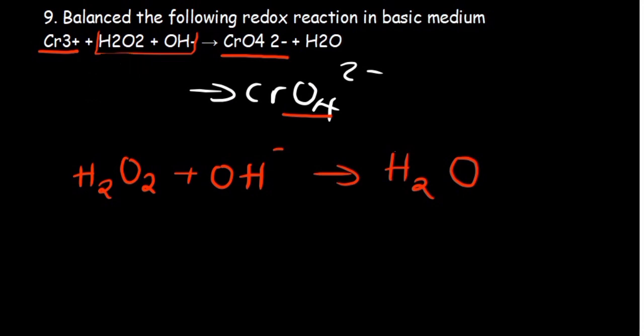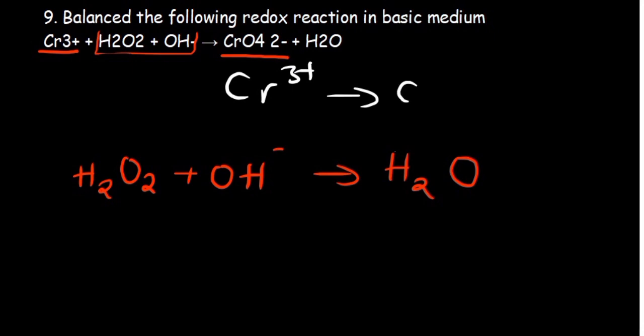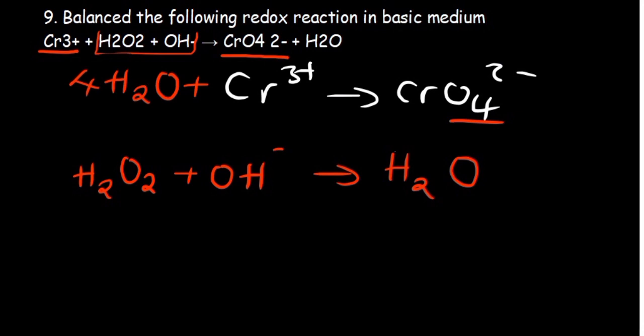Let me write it in between. So we have chromium 3+ giving us CrO4 2-. We have 4 oxygen atoms on the right hand side, so we are supposed to add 4 water molecules. So we've balanced the oxygen atoms in the first equation.